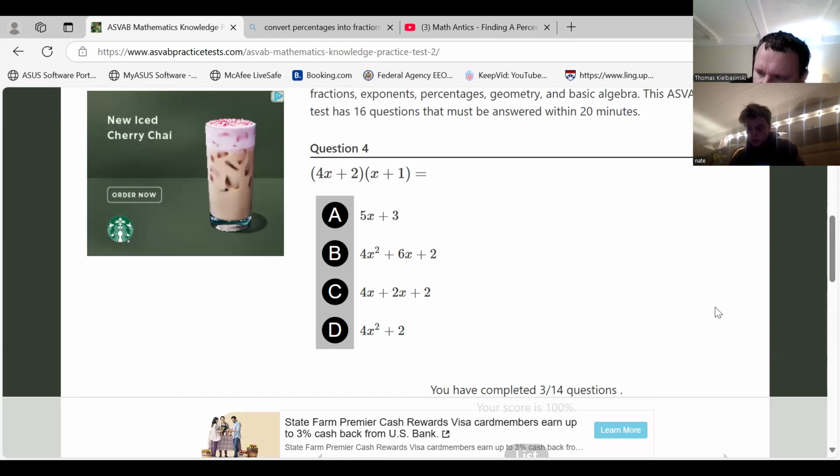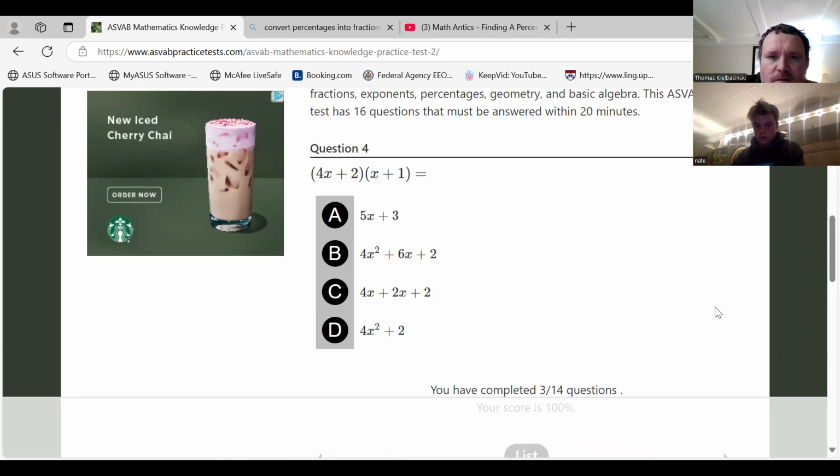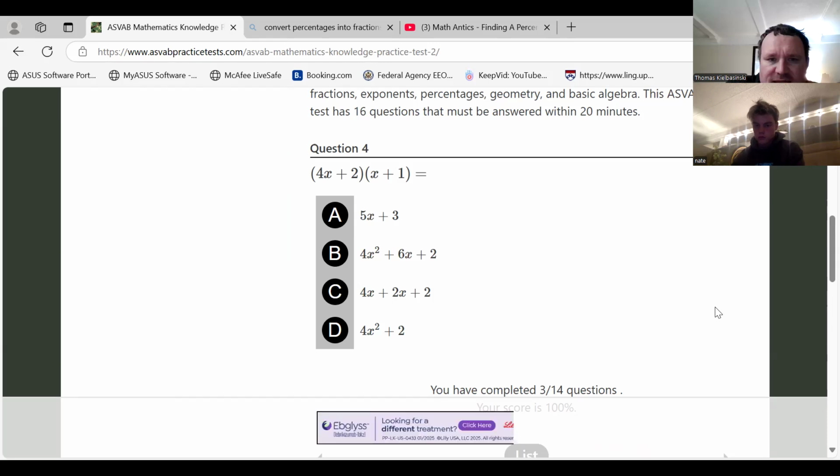One thing you do not have to do is give up on yourself. You should be a little bit more patient. But here's how it goes. 4x times x, 4x to the second is what that is. Then 4x plus 1, you just add, and it's 4x to the second plus 4.